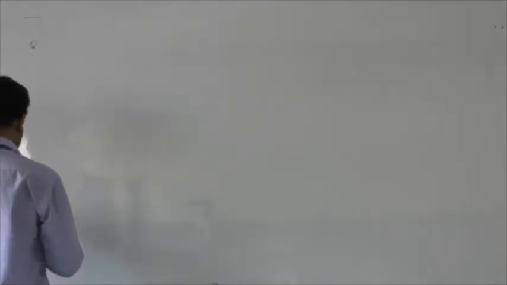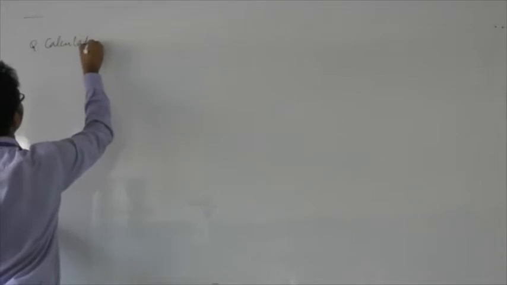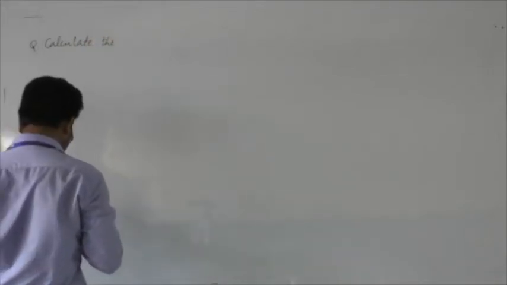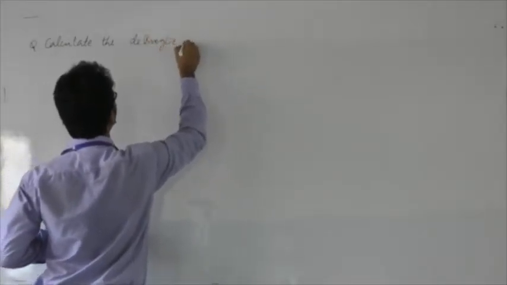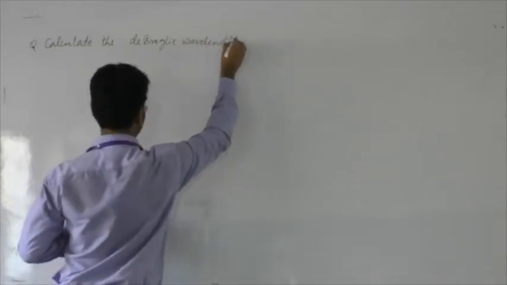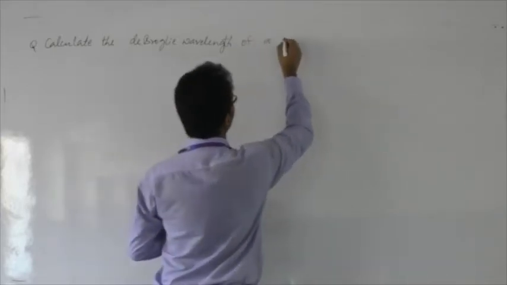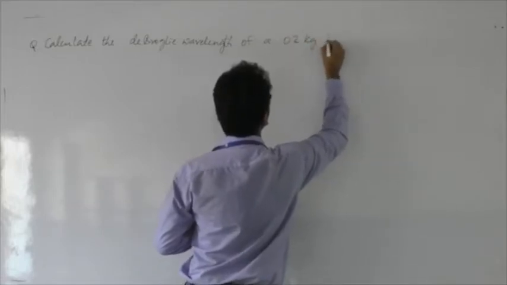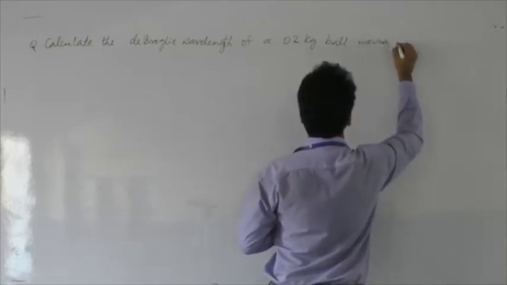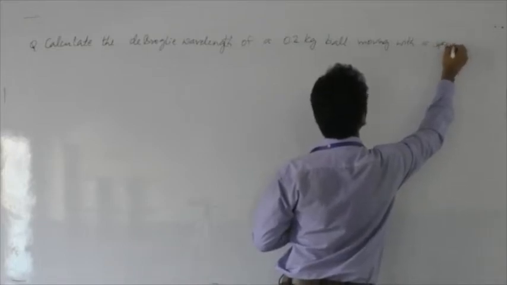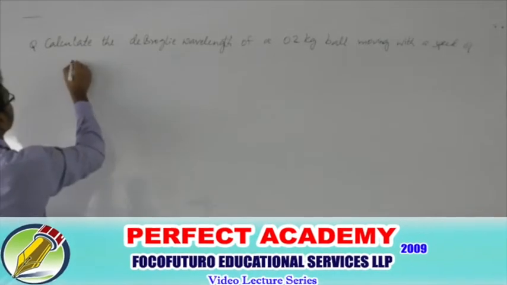So first one, calculate the de Broglie wavelength of a 0.2 kg ball moving with a speed of 15 meters per second.